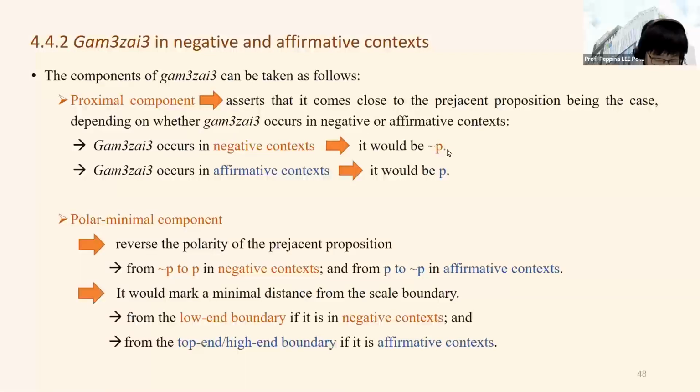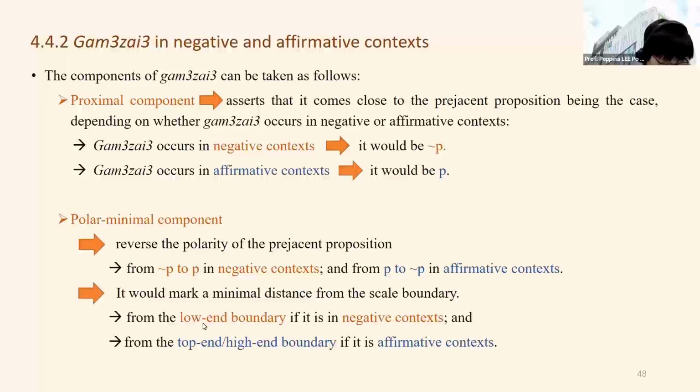If it occurs in an affirmative context, it will be p as shown here. For the polar component, it will reverse the polarity of the projected proposition from negative p to p if it is in the negative context, and from p to negative p if it's in the affirmative context, as shown over here.